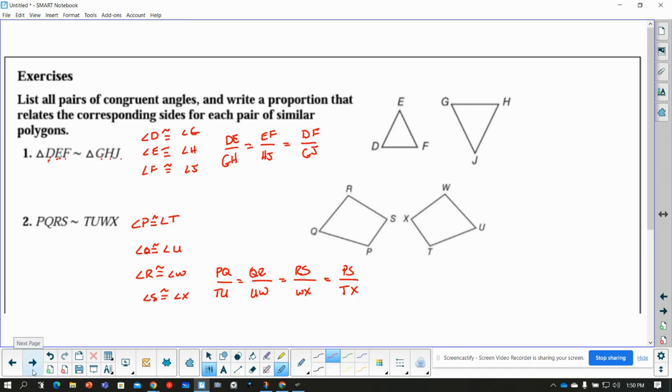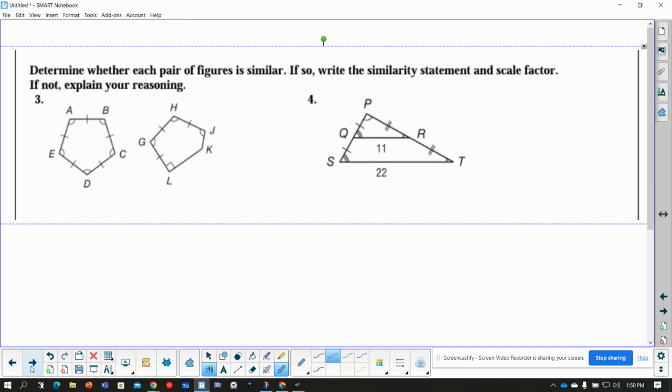Let's go ahead and do exercise number 3 in the study guide. Oh, 3 and 4, I'm sorry. Determine whether each pair of figures is similar. If so, write the similarity statement. So I always check the angles first. Now, all five of these angles are exactly the same shape. Notice that's not the case here. I already know, without even looking at the sides, this is not going to work.